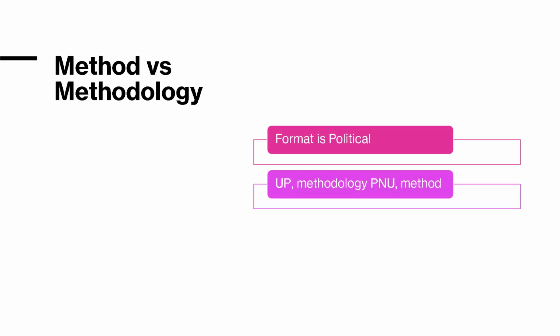There is the first issue: what to use in certain contexts, method or methodology. What is the best way to look at that? In my opinion, format is political. So some universities use methodology, others use method. For example, in UP, they use methodology in their research, but in the university where we study, we use method.